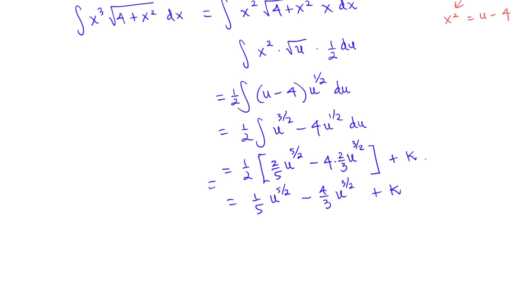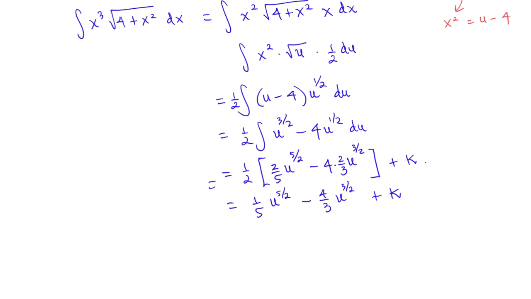Therefore, we substitute u with 4 plus x squared: 1/5 times the square root of 4 plus x squared to the 5th power minus 4/3 times the square root of 4 plus x squared to the 3rd power. And this is the final answer, and so we will change the capital K to an arbitrary constant c.